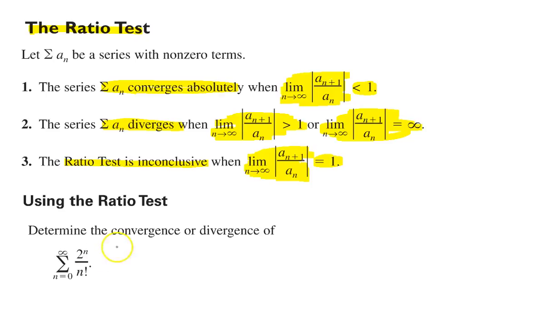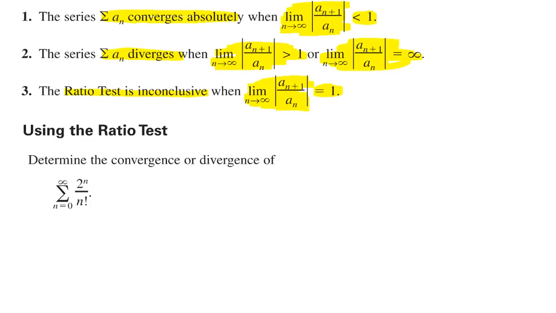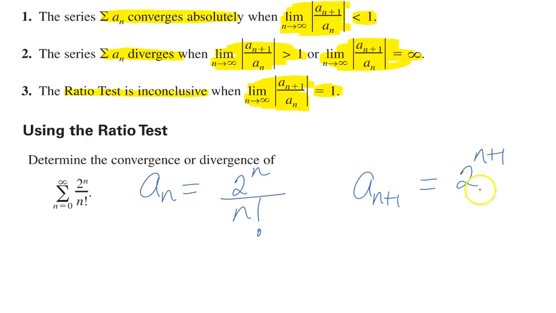Have a look at this. Determine the convergence or divergence of this series. You may remember I mentioned that when n factorials are involved, the best test for divergence or convergence of the series is the ratio test, okay? So have a look, guys. Here, a_n is 2 to the power n over n factorial. a_(n+1) is going to be 2 to the power n plus 1 over (n plus 1) factorial.